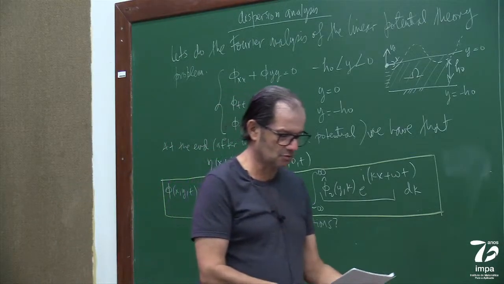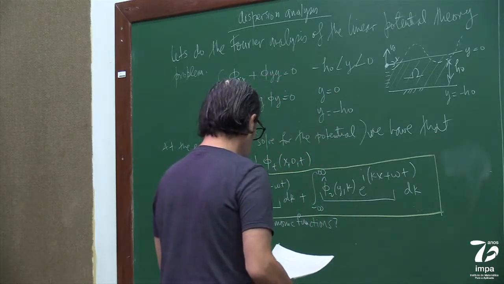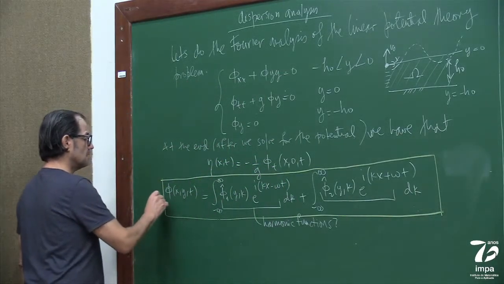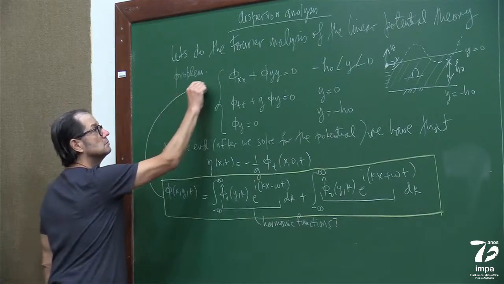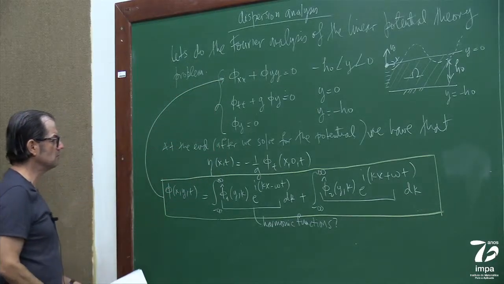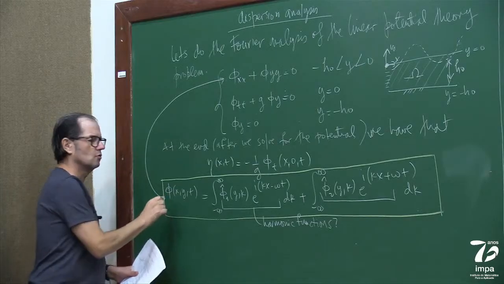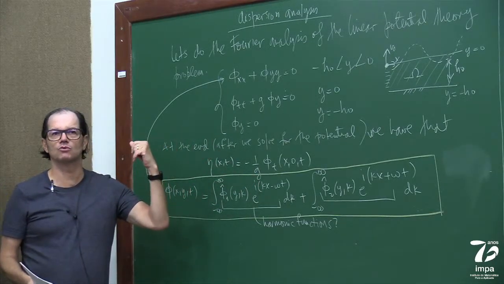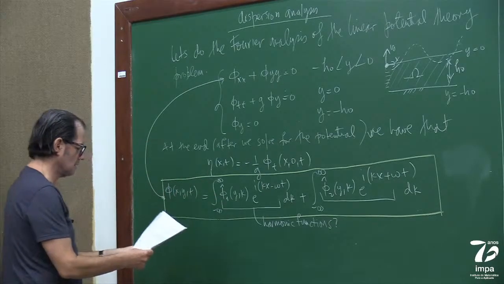Okay, so now let's compute things. So let's substitute this in Laplace's equation. Okay, since this is a bilinear superposition, I can just do a generic mode, right? I just got a generic mode, so we get this.